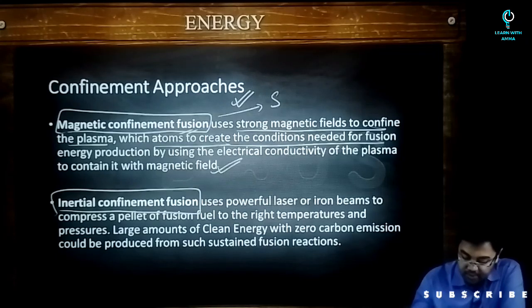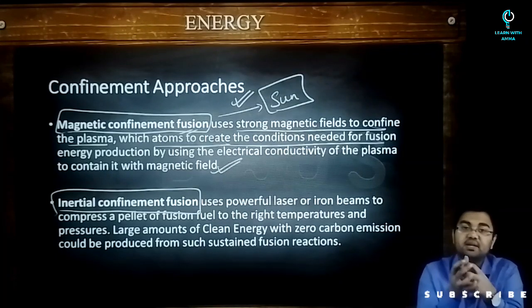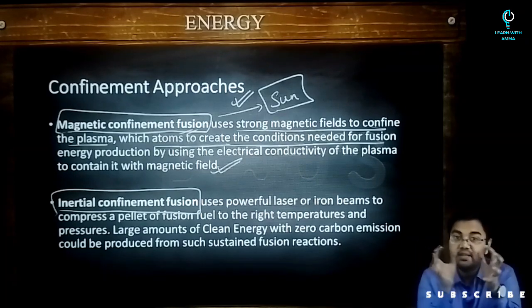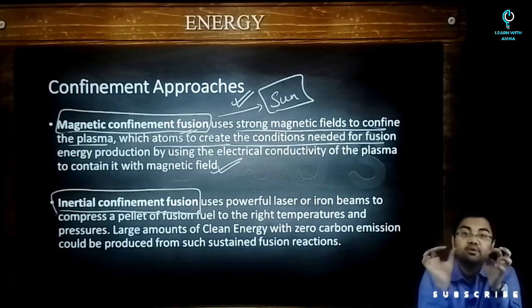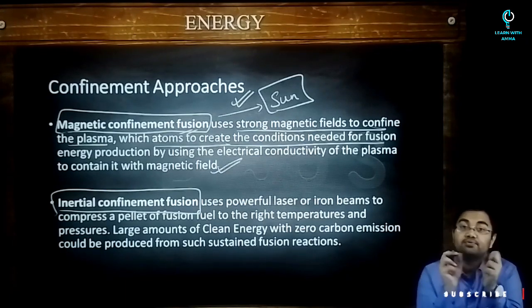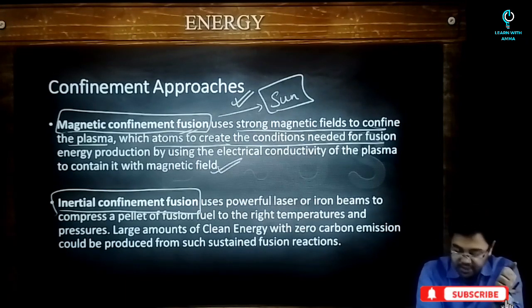So something very similar to what happens in the sun. The strong magnetism of the sun is something that is able to confine the plasma inside the core so that the thermonuclear fusion reactions can happen inside the sun.